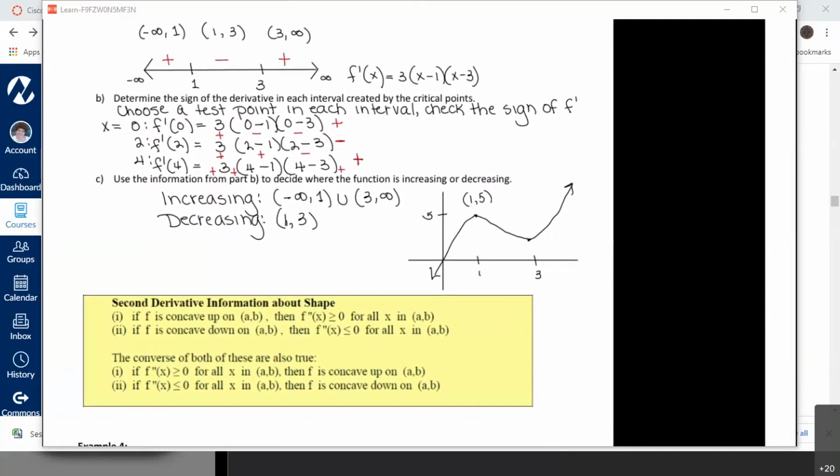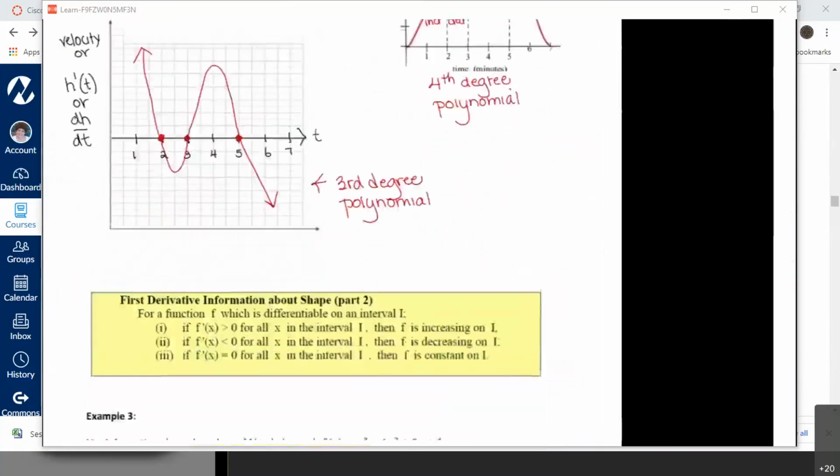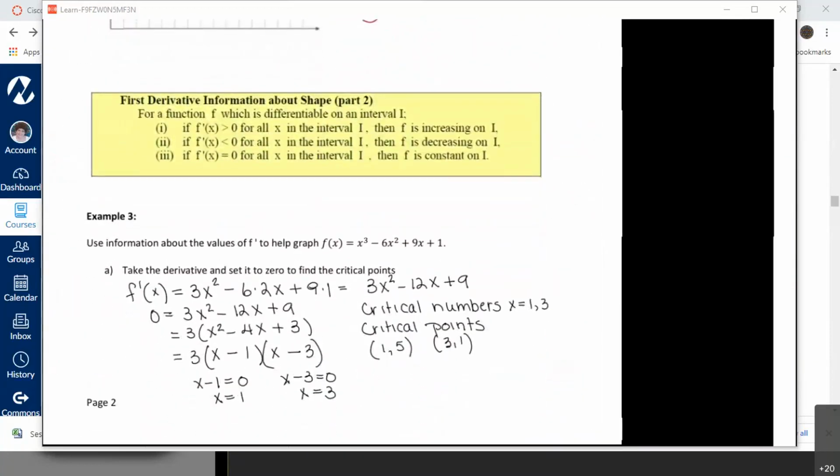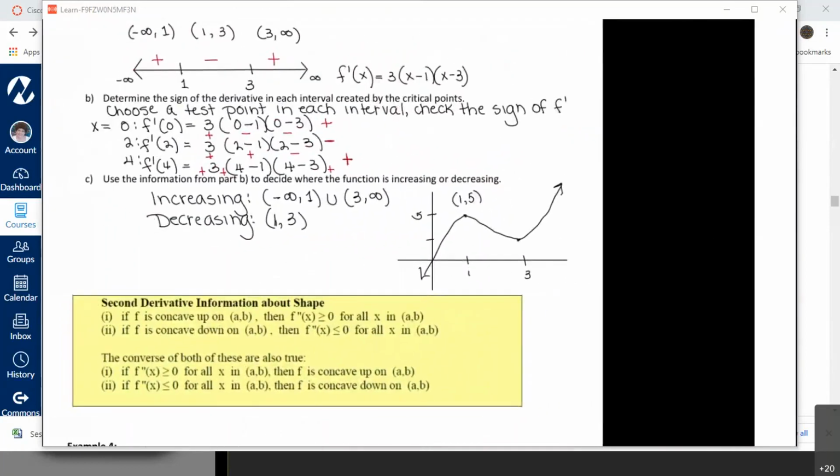That was a local maximum. Remember, I got the critical points over here. The other one is 3, 1. Because I did get the critical points, I do know where these are. And now I have an actual graph. I was able to graph f purely from the information given by the derivative.